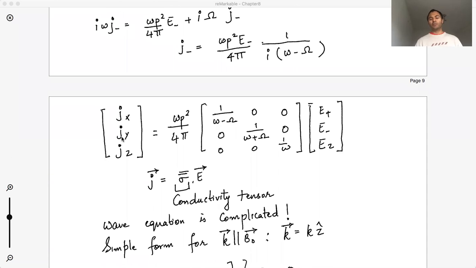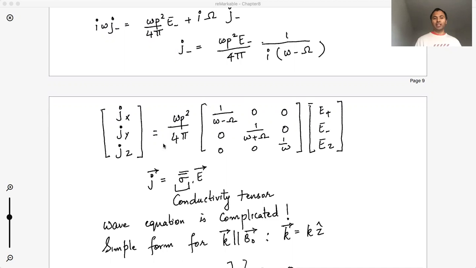Okay, so you can write Ohm's law now as a matrix equation, right? So before we always had a scalar equation because the vector J was always parallel to the vector E, but now it turns out that the vector J is not always parallel to the vector E. So instead of having a simple scalar conductivity here, we now have a matrix. But of course, because we have gone through the trouble of decoupling the equations, the matrix is diagonal, right?